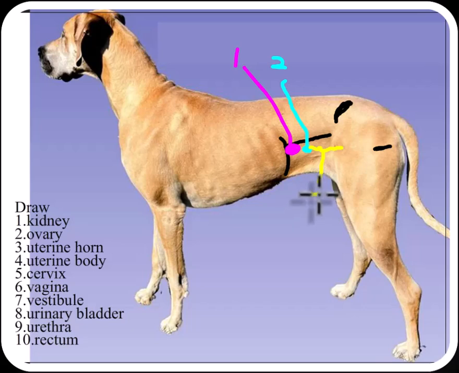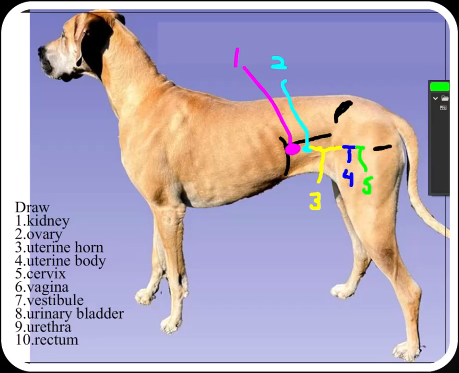So that's 3. We'll continue that on caudally with the uterine body. The 2 uterine horns come together to form the body. So that would be the uterine body. Caudal to the uterine body is going to be the cervix. So that would be the cervix.